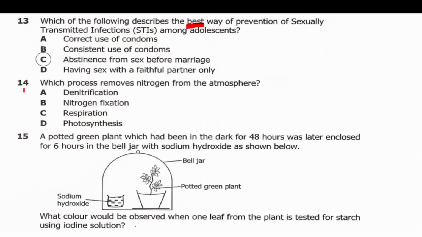So 14 reads, which process removes nitrogen from the atmosphere? The answer is B, nitrogen fixation.